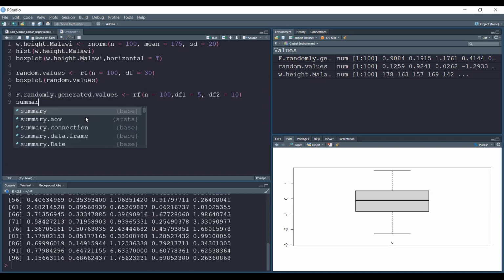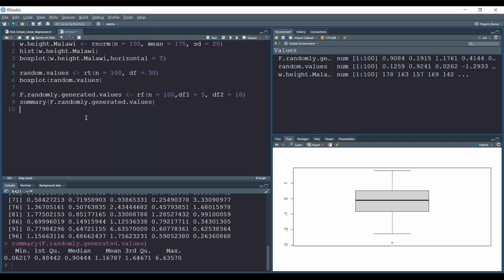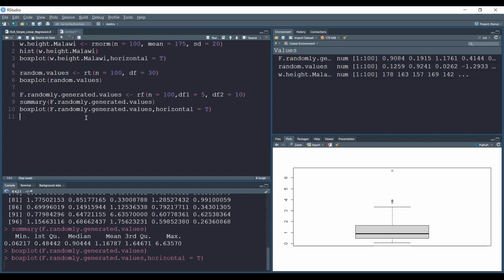You can summarize. So we have that minimum and that maximum. Visualizing is definitely helpful over here, with horizontal is true.